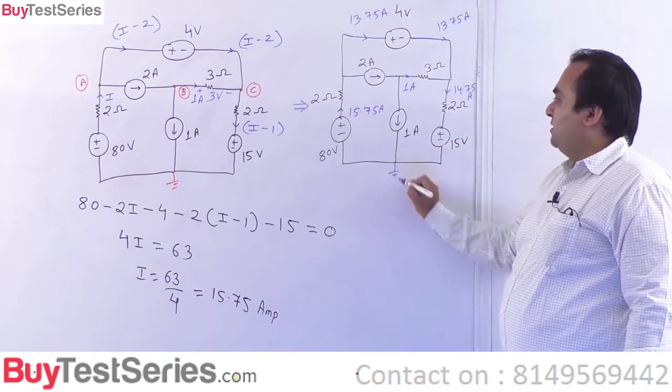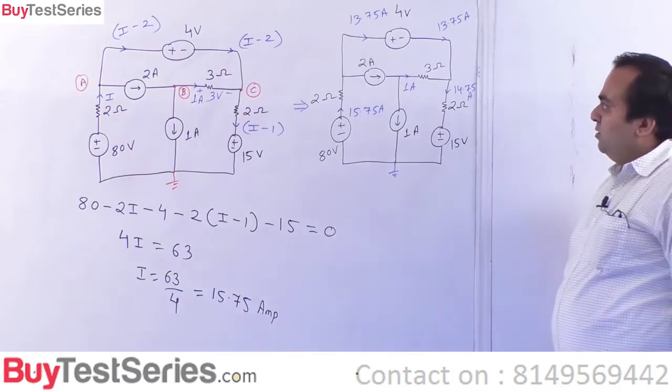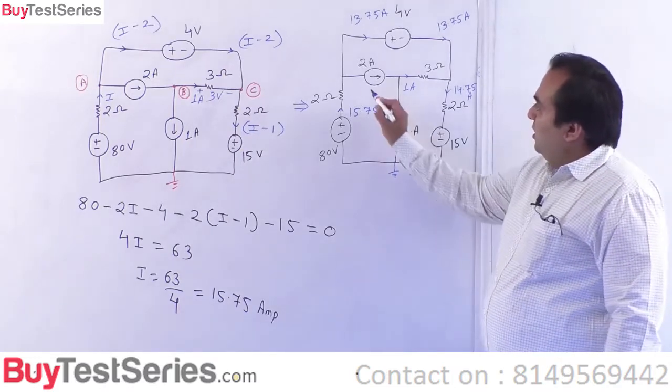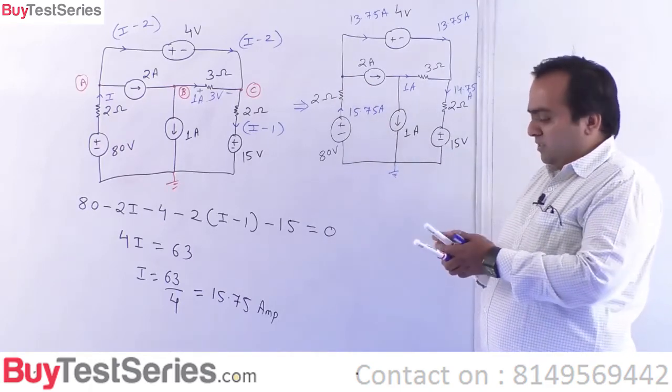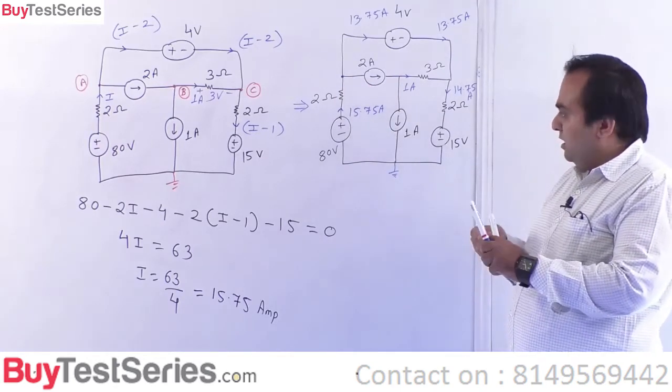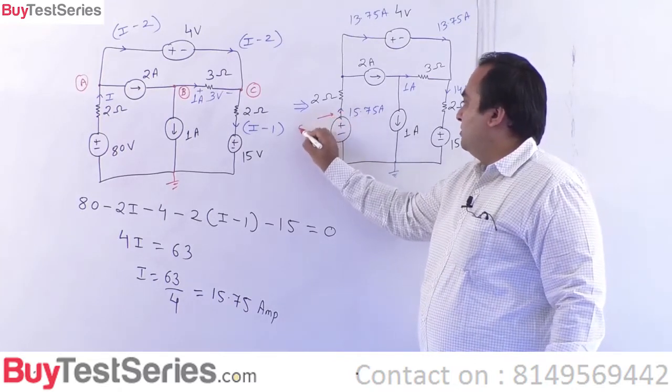Let me take this as the reference. Is this okay? So this potential can be evaluated as, this is a voltage of 80 volts at this node.